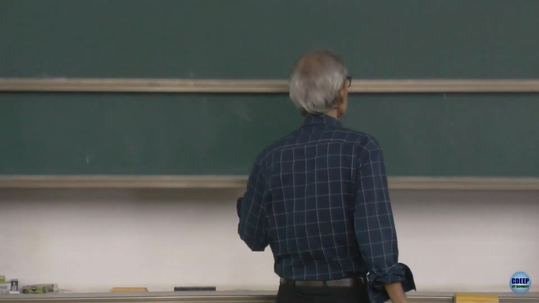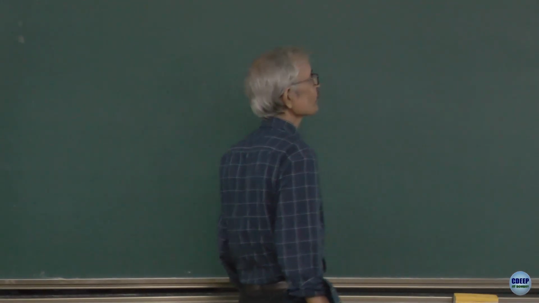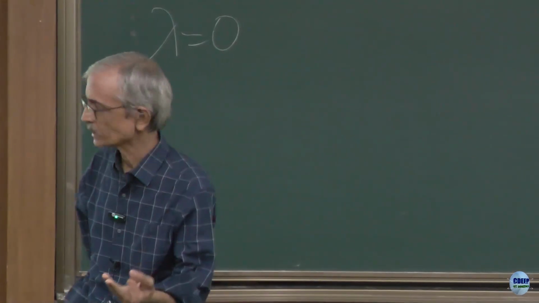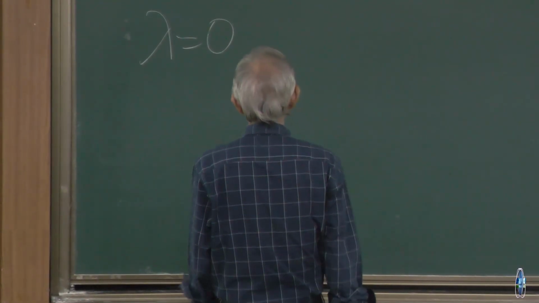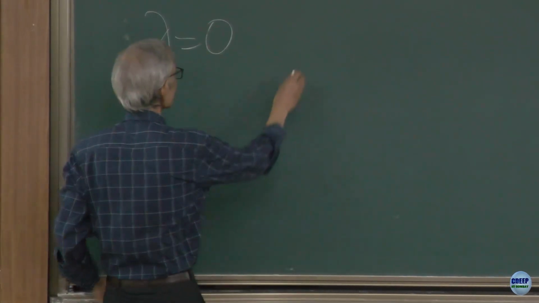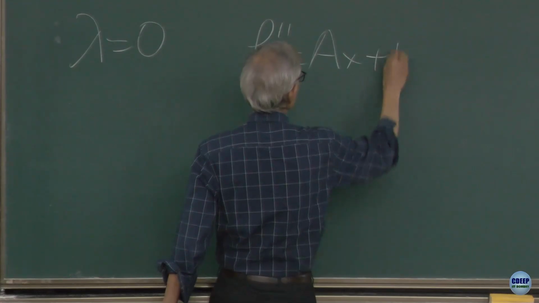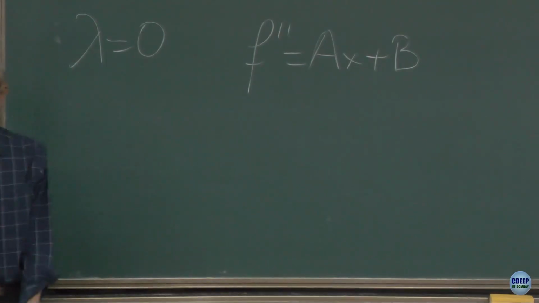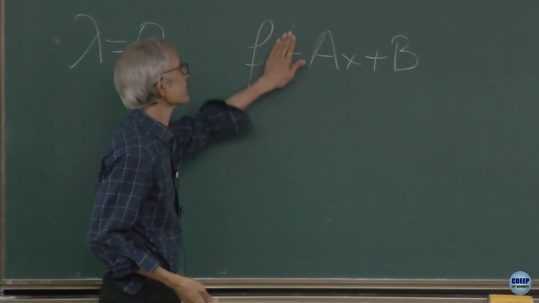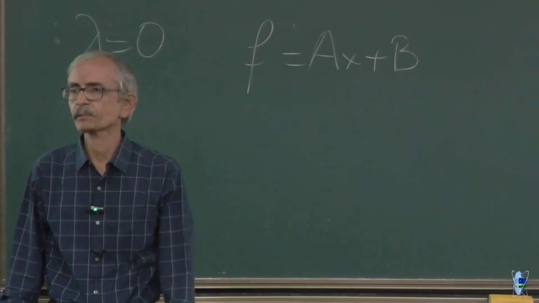We'll do this lambda equal to 0 business for one last time. Lambda can be 0, positive, or negative. If lambda equals 0, you get f double prime is 0, so f is equal to ax plus b.